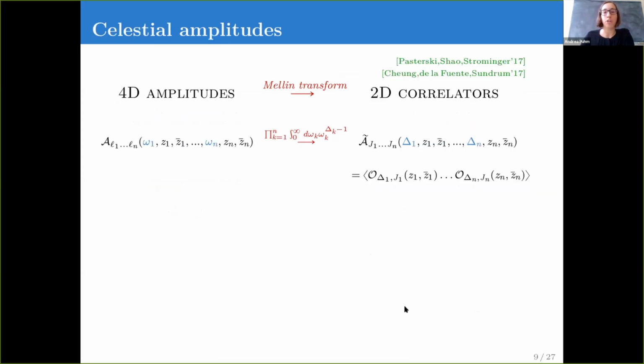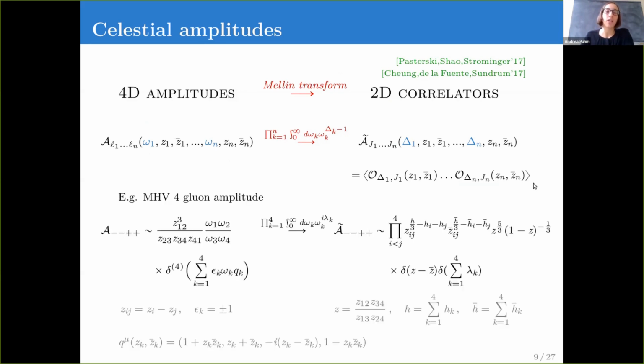Now moving on from wave functions to amplitudes, we can Mellin transform each of the external particles in an amplitude, and in this way obtain a celestial amplitude, which, as already mentioned, takes the form of a two-dimensional correlator. Now, as an example, let's consider Yang-Mills theory and look at the 4-gluon amplitude given on the left.